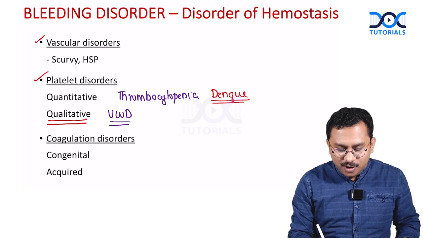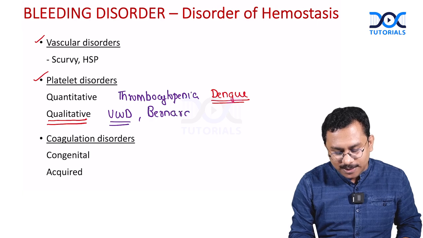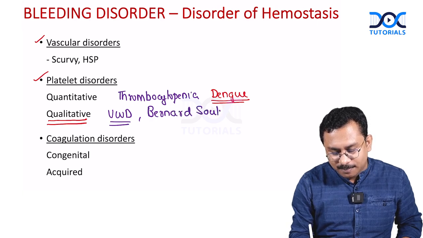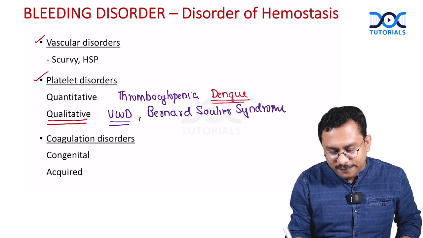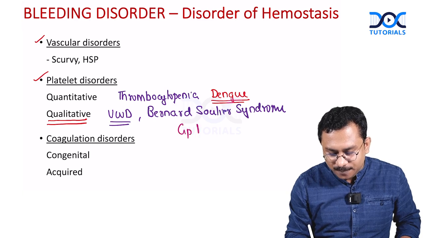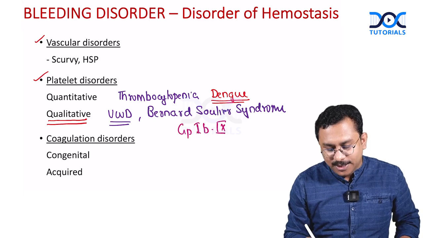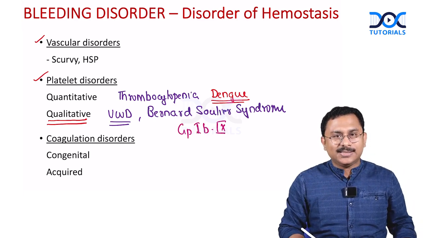And then you've got a disorder known as Bernard-Soulier syndrome, wherein the defect is in a glycoprotein, that is, GP1B9 is defective. Glycoprotein 1B9 is defective in Bernard-Soulier syndrome.